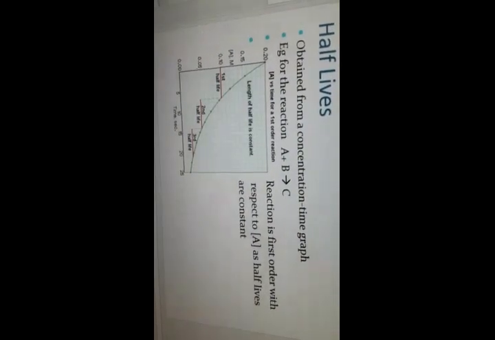The first half-life is 7 minutes and the second is 7 as well, because the time taken for the concentration to drop from 0.1 to 0.05 is from 7 minutes to 14 minutes. So it took another 7 minutes. So both half-lives are 7 minutes. And if the half-lives are constant, then it definitely is a first order reaction.